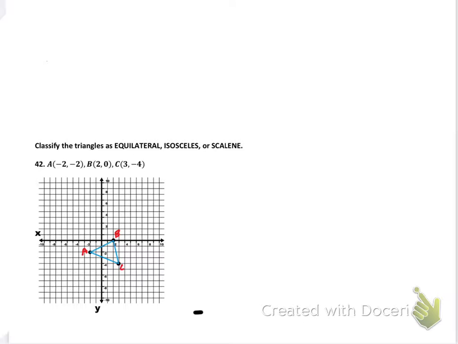All right, so we got to classify if these are equilateral, isosceles, or scalene. So here what you would need to do is you would need to do the Pythagorean theorem to find all of these sides. Here, here, and here. That would be a squared plus b squared is equal to c squared.